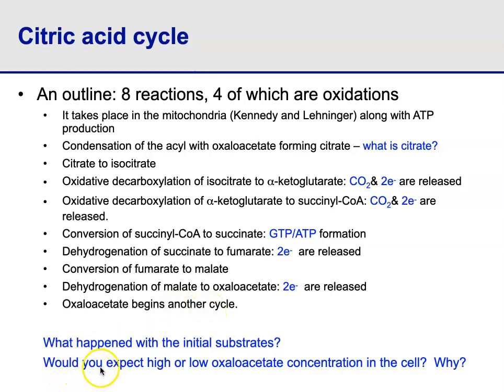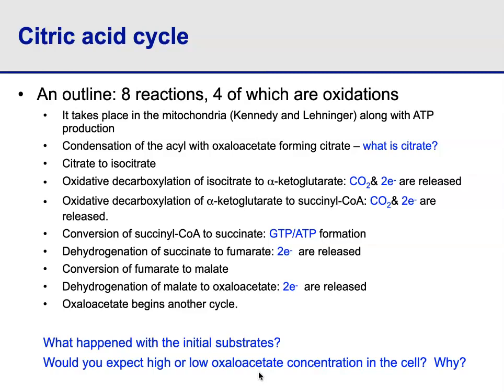So what do you expect would be the concentration of oxaloacetate in the cell? Do you think it's going to be high or low? And if you think one or the other, why? Well, think about it. My logic is we're regenerating oxaloacetate.